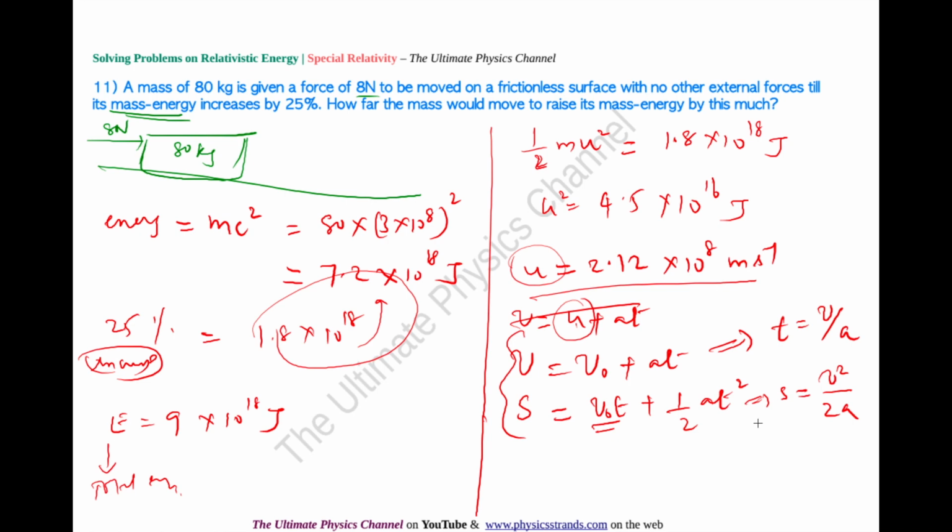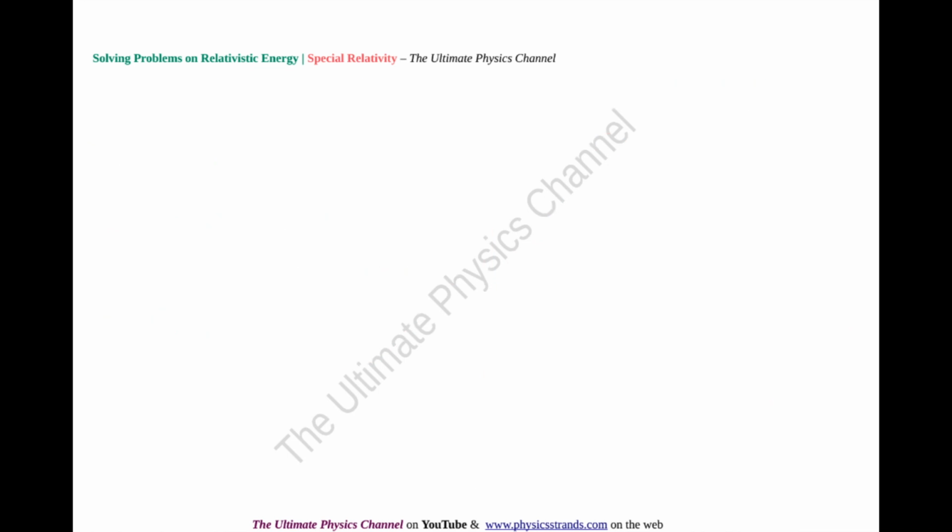And therefore we can work out S directly with the acceleration. In this case A is equal to force over mass. Here force is 8 newtons. So 8 newtons over 80 kgs, that is 0.1 meters per second squared. That is the acceleration in this case. Right, using these things, we can now work out S, that is V squared over 2A.